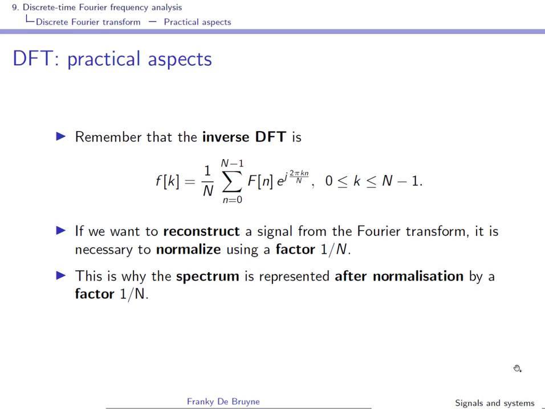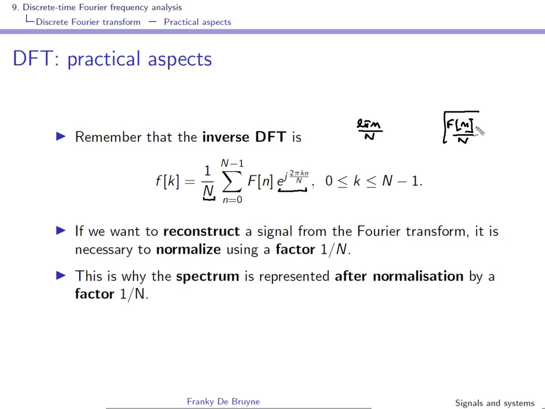So if we want to reconstruct the signal from the discrete Fourier transform, we have to use this factor 1 over n. You can see that f of k, the original sequence, is decomposed in complex exponentials of discrete frequencies 2 pi n over n, and the contributions at these frequencies will be f of n over the number of data.